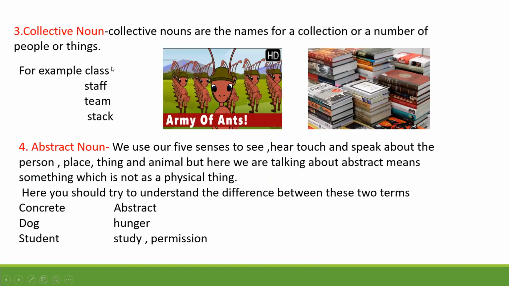Now look at this. Now we are talking about collective noun. As the name suggests, collective. Collective means a collection of something, a collection of things, a collection of people, right? So here also you can give them multiple examples. For example, I have taken class, because a teacher is standing in the class, and a mother can also give the example of class, staff, team, team of players, stack of books, which are well arranged.